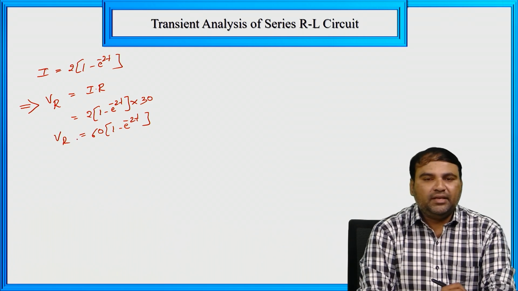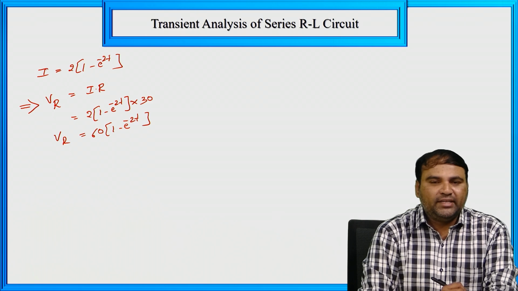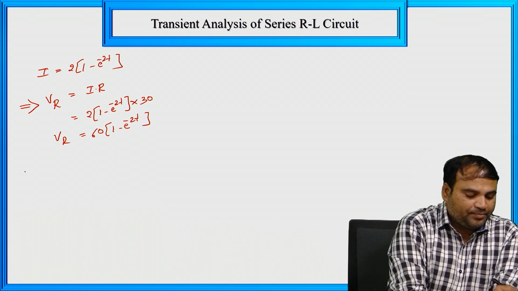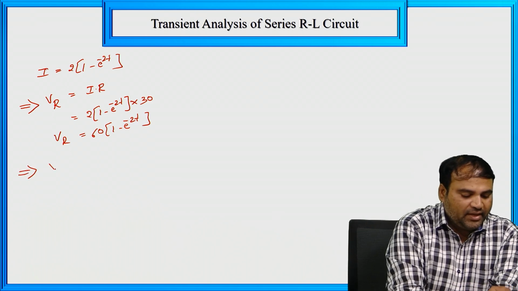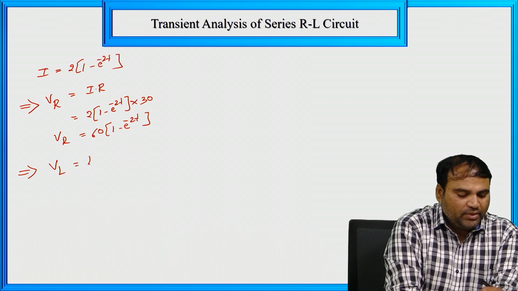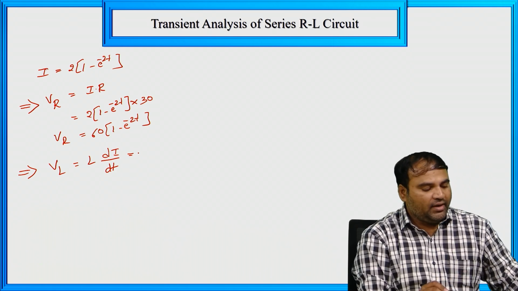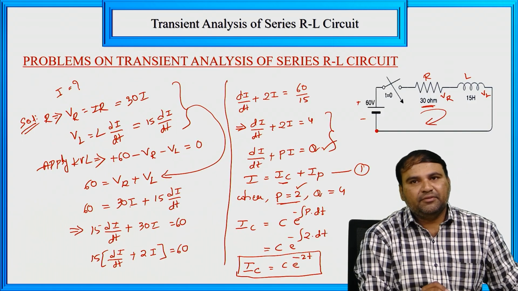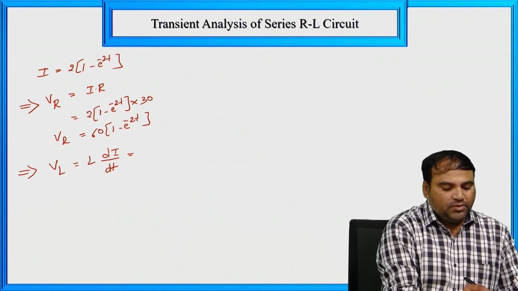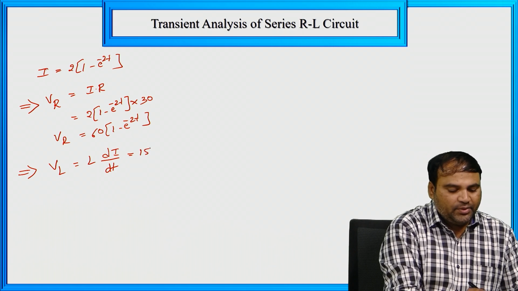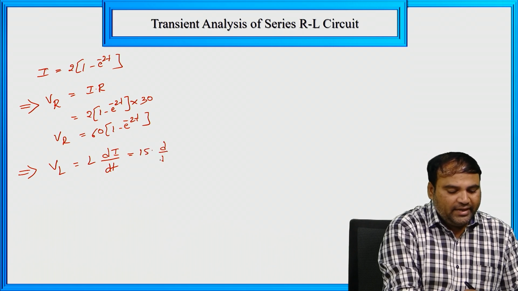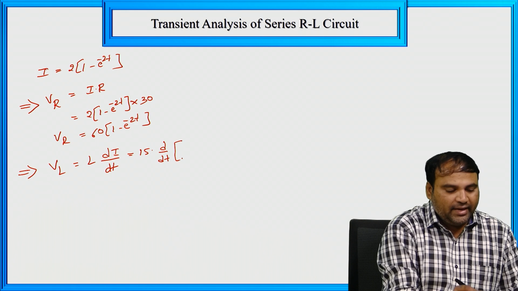Now similarly, we need to calculate voltage drop across the inductor, that is VL. So VL is equal to L into di divided by dt, that is equal to, so L value is 15. So L is 15 into d by dt of current value.